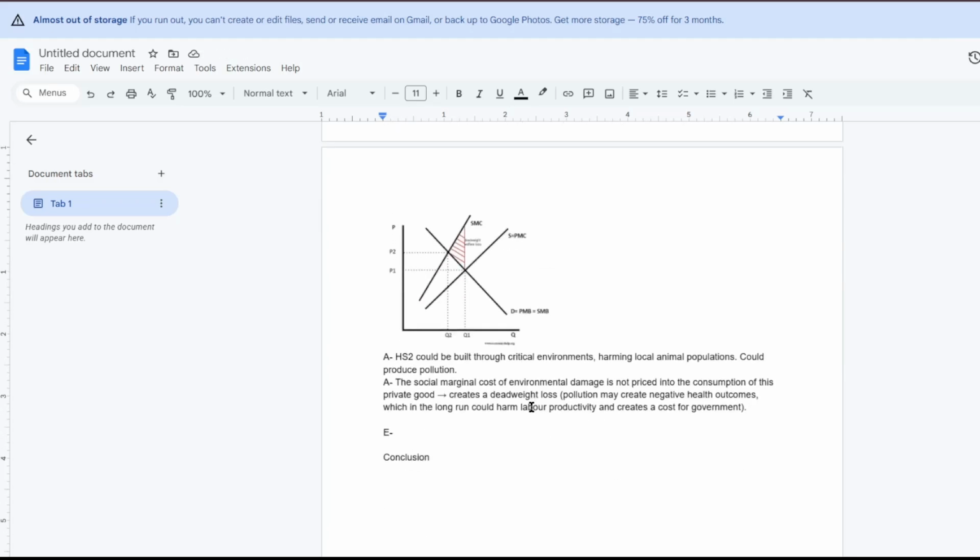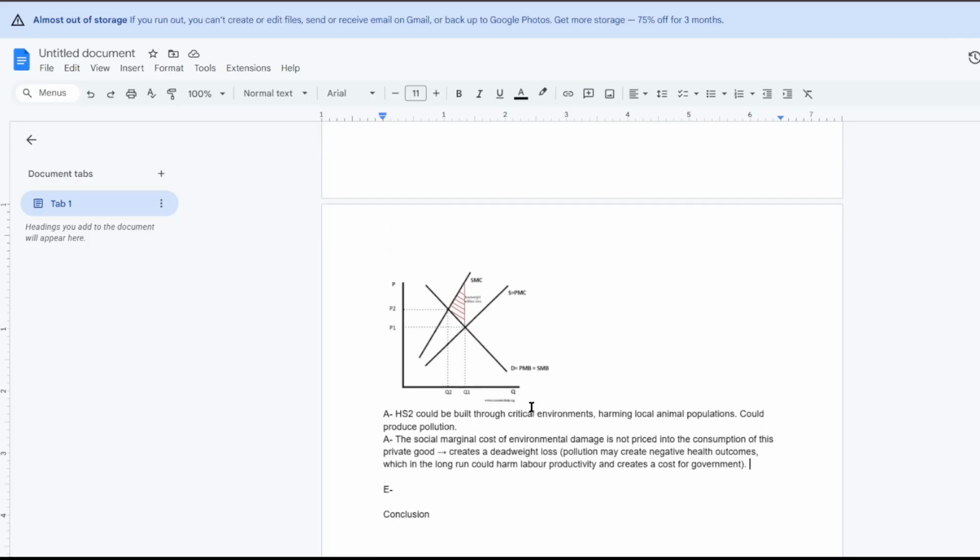And this is not necessarily a price that's borne by the people constructing the infrastructure project, nor is it part of consuming that as an infrastructure project.